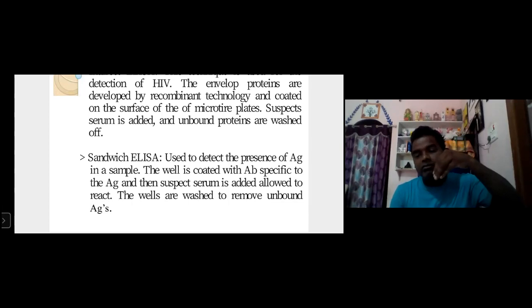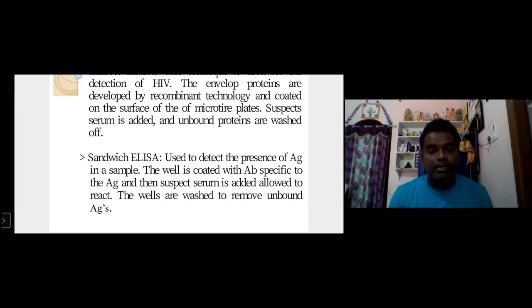Then again add enzyme coated antibodies. So antibody, antigen, antibody complex are formed. With the help of distilled water, the unbound particles are removed. Right. This is called sandwich ELISA.